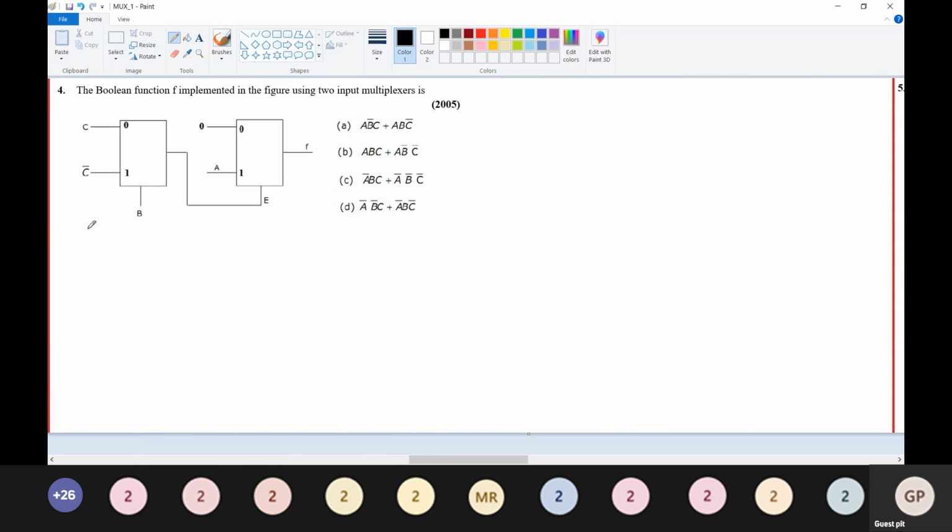First we'll take this 2:1 mux. What is the output of this? The first step is to find the expression. Here the selection line is B, and I'll call this output F0 for your understanding.